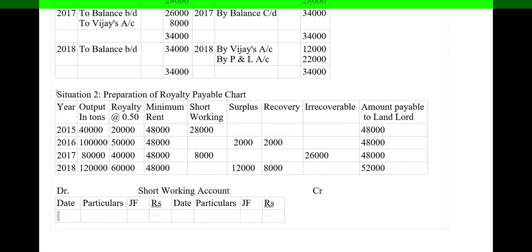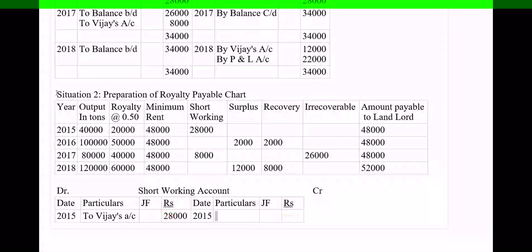So beginning now, 2015, we have got a short working account. When there is a short working, then enter short working account debit to Vijay's account. So Vijay's account, so amount is rupees 28,000 here. Now at the end of this year, we should balance here.